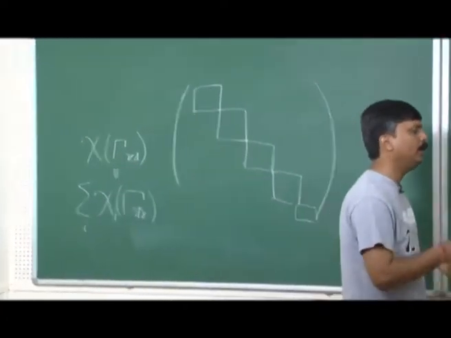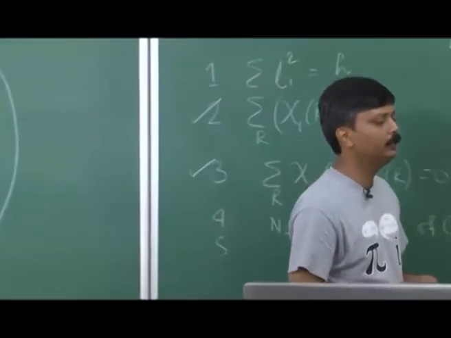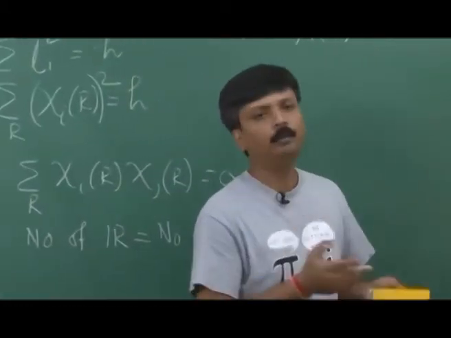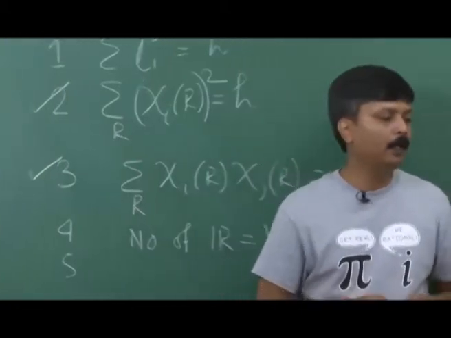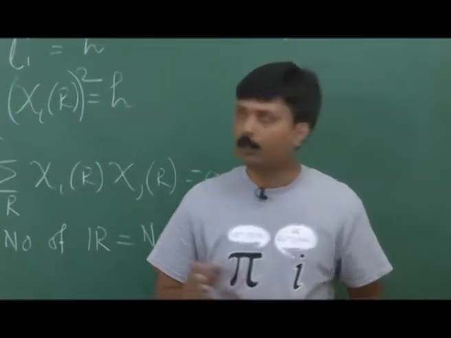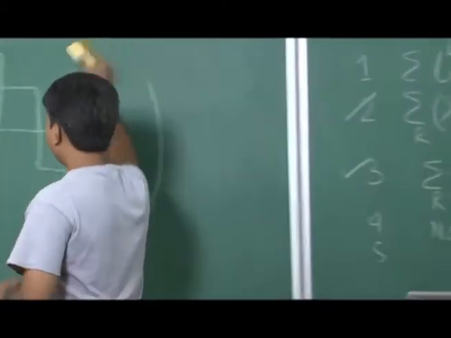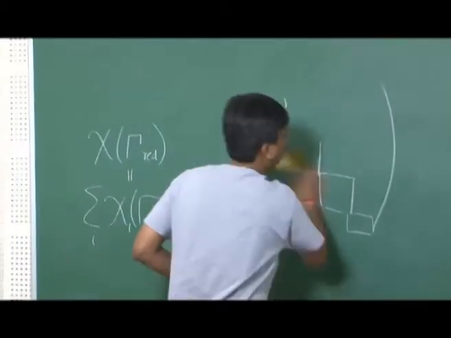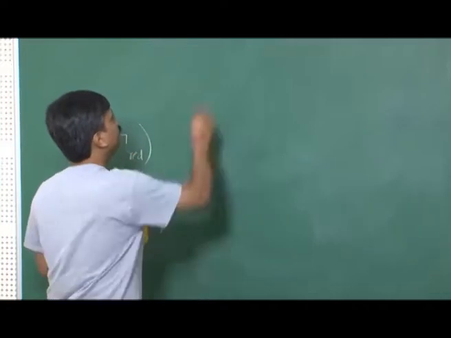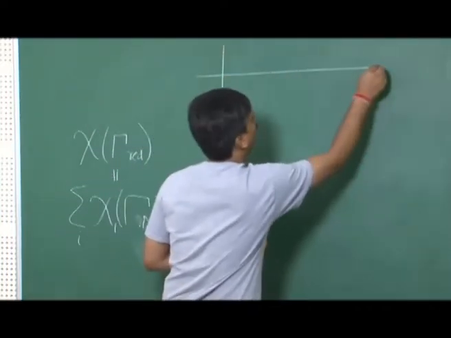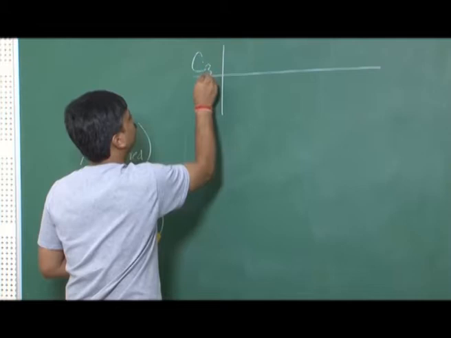So suppose I form a representation of the C3v point group. I write the representation of C3v again.